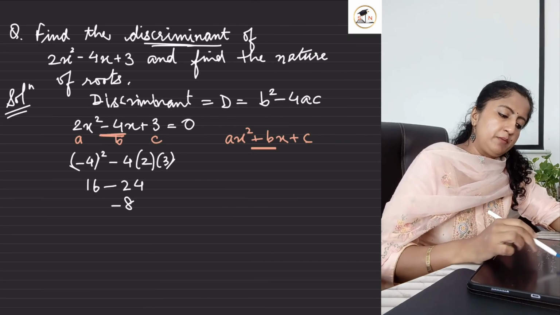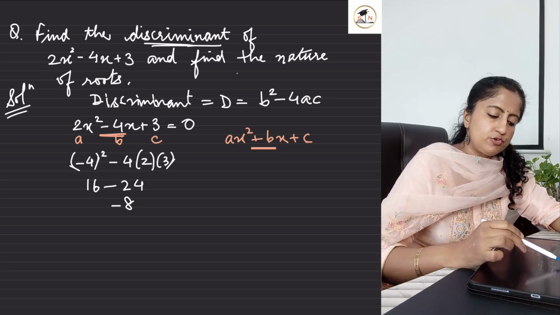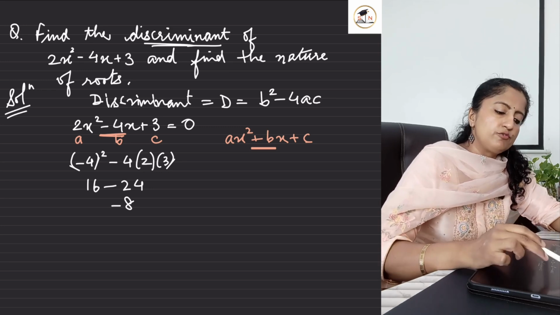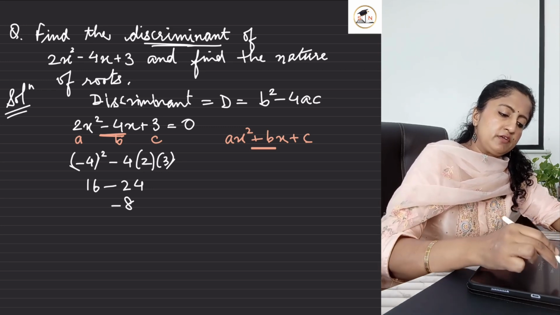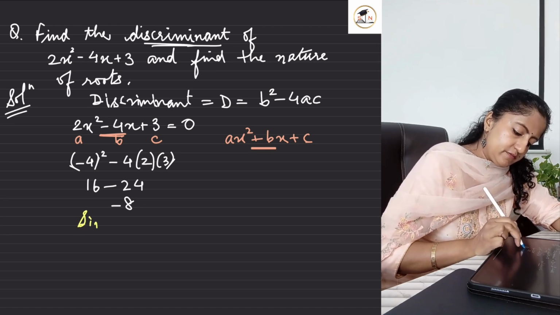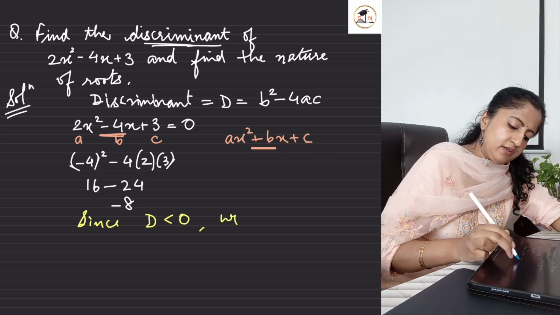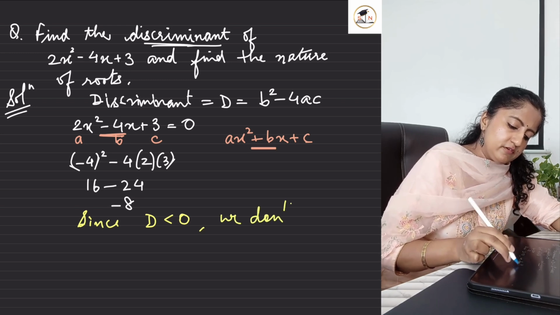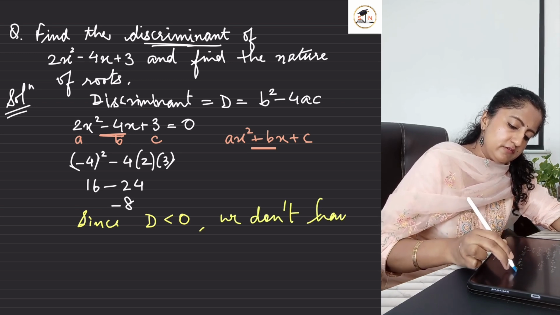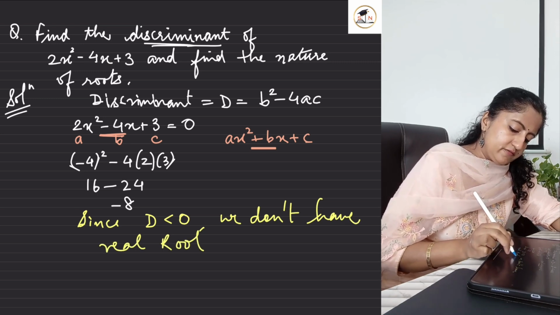So what are we going to comment now? Please do not leave your answer just over here. The second part of the question asks to find the nature of roots. So now we will be winding up with this answer. Since d is less than 0, we don't have real roots.